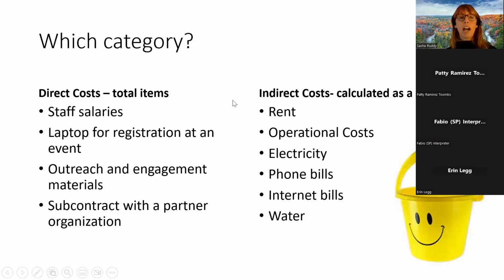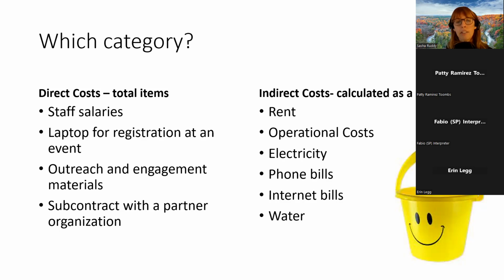So again, on the left-hand side of the screen, we see direct costs, which are the total items. This is staff salaries, laptops for registration at an event, outreach and engagement materials, subcontracts with a partner organization.